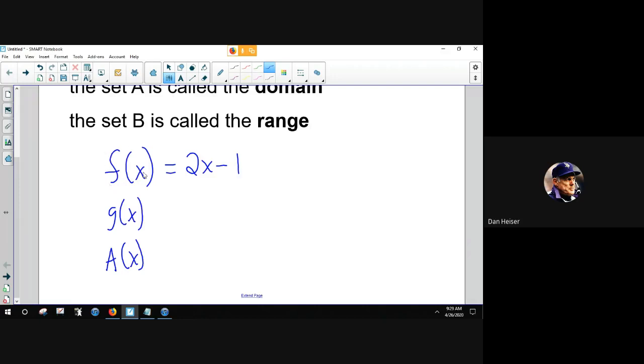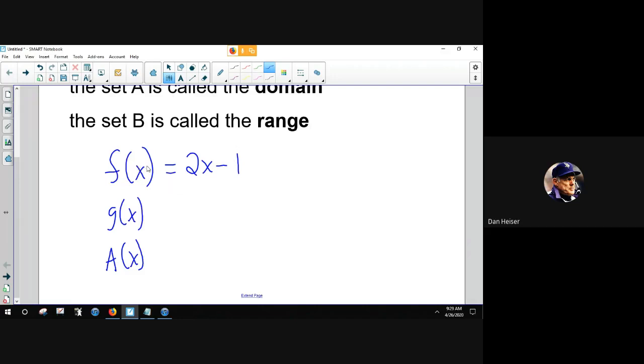And here's how we interpret this. We have a function of x. And here's the rule. Whatever x is, whatever is inside this parenthesis, we plug into this spot. We double it, we subtract 1, and we will get a value. Let's say x is 3, for example.